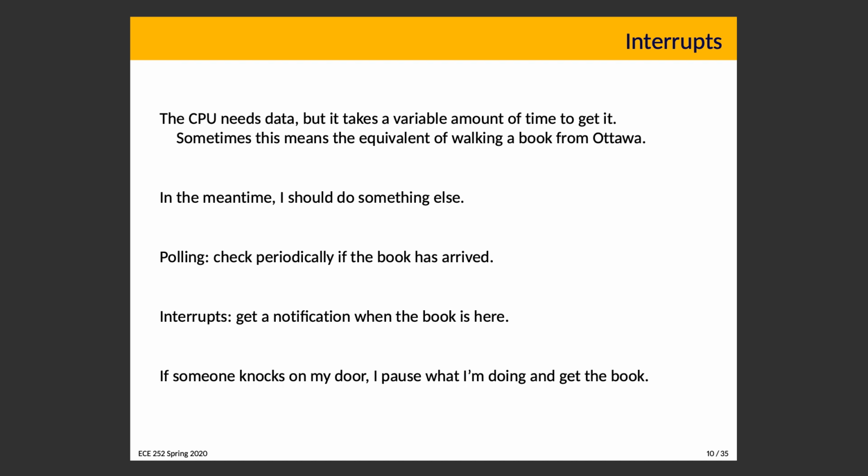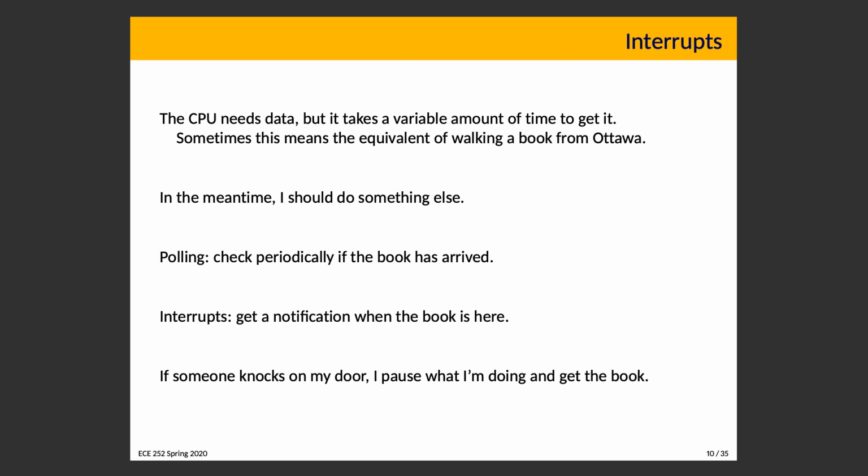So it's more like I call Library and Archives Canada and I say, hey, I would really like this book, and they say, yes, we'll have it, we'll dispatch somebody to deliver it to you right away. They hand that poor person the book, and that person has to walk 550 kilometers to deliver the book to me.